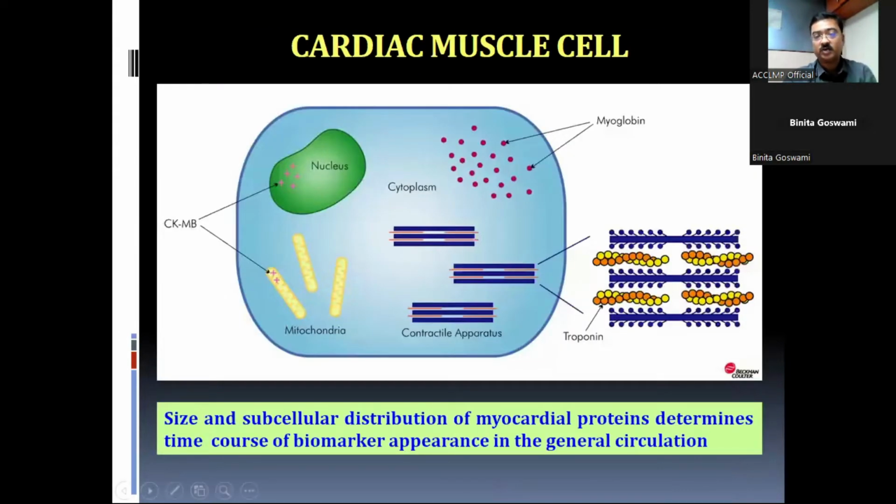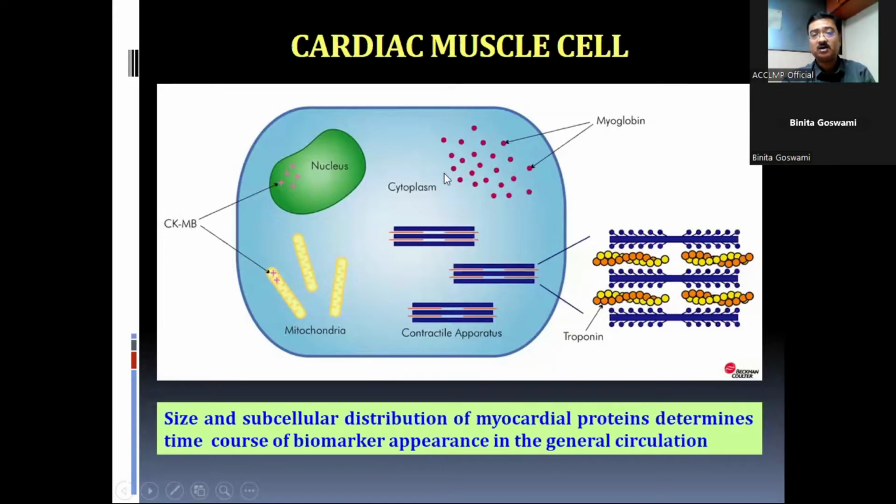Now I can show you why the cardiac markers come into the blood at different times, and why they are important for different reasons. Look at the cardiac muscle cell. In the nucleus and the mitochondria, you may get some CKMB.